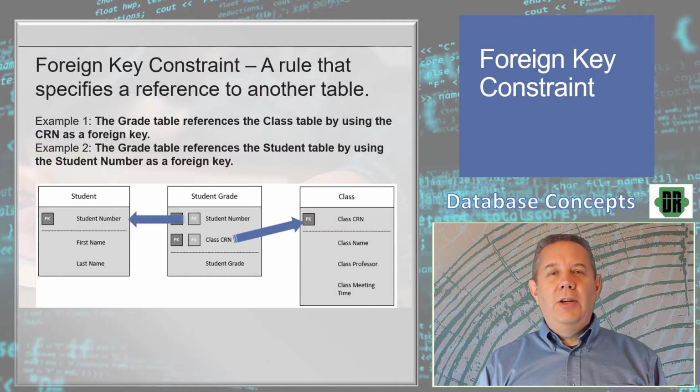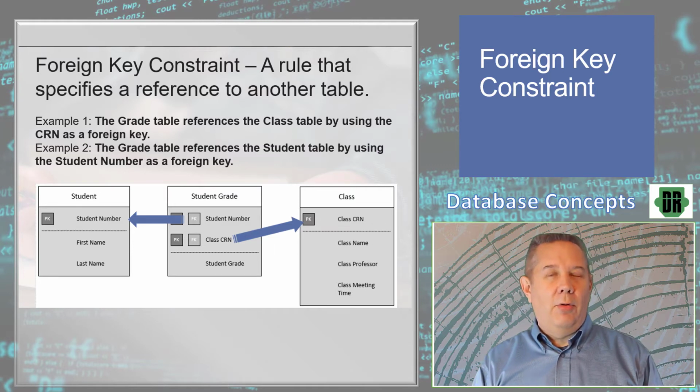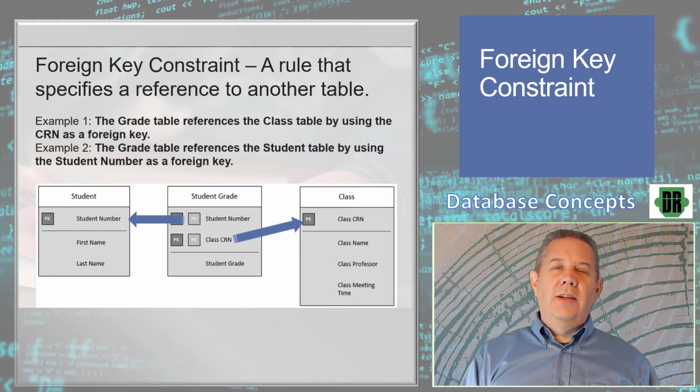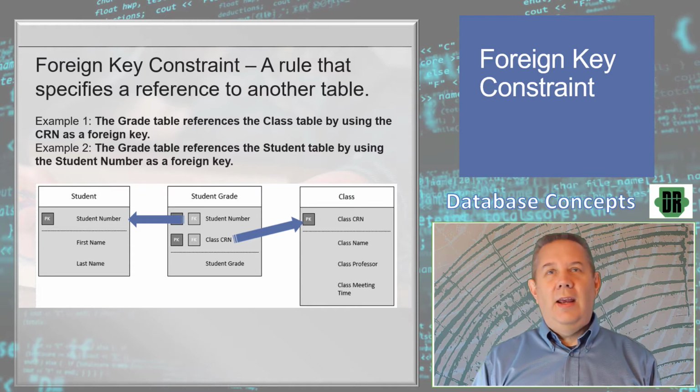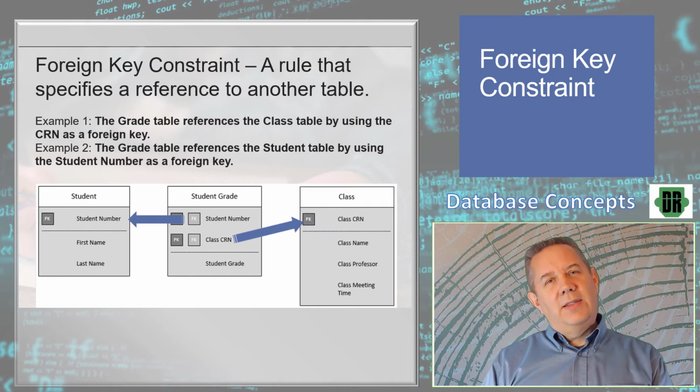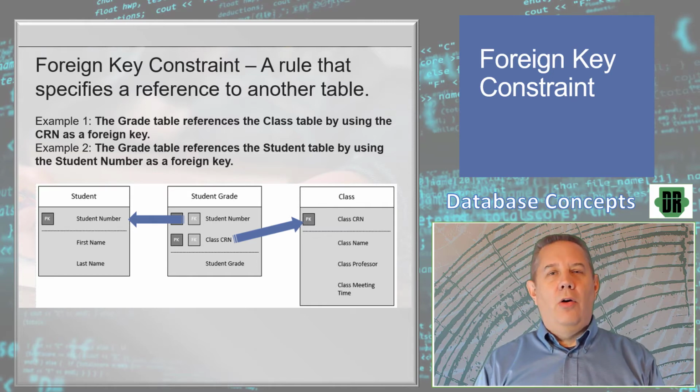So you have to be sure that you remember that the foreign key is in the student grade table. Actually in the student table there is no foreign key. In the class table there is no foreign key. There's just a primary key to that table. And by referencing it from another table, the other table contains what we consider to be the foreign key, because it's the key to a secondary or foreign table.